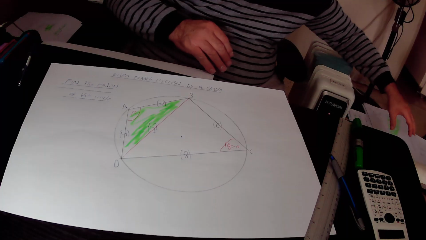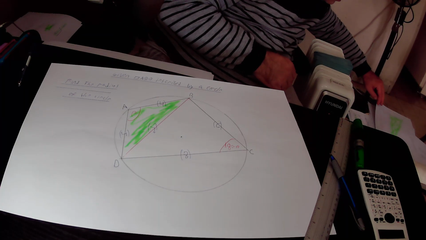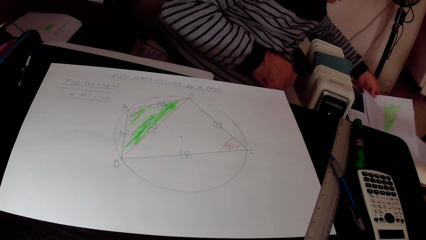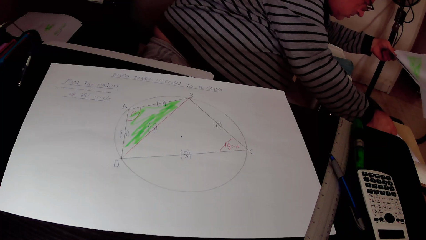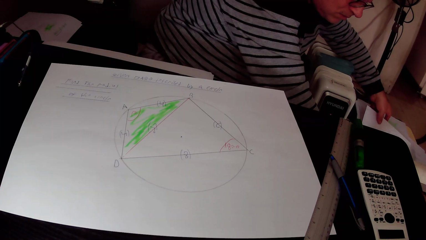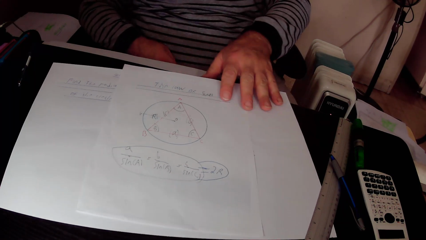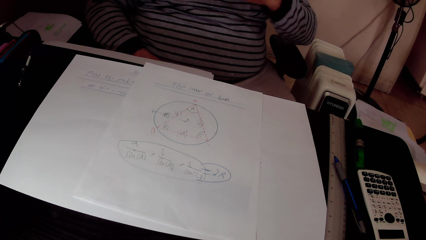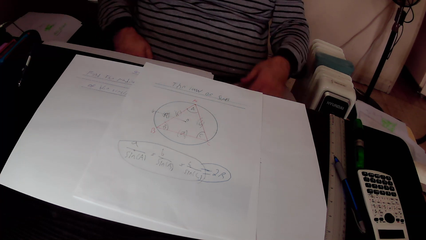Let's quickly repeat the law of sines. In the drawing, we have triangle ABC, described by this circle.